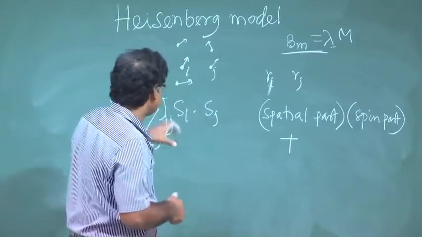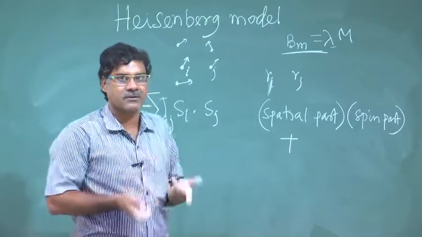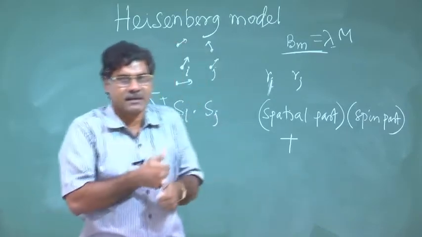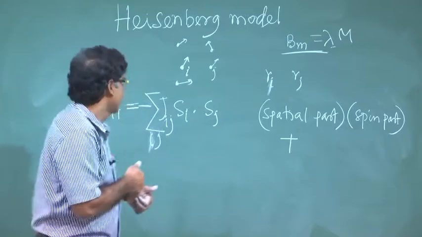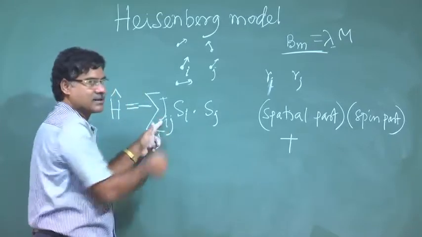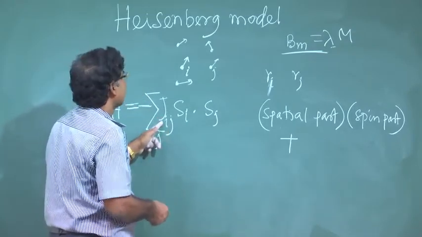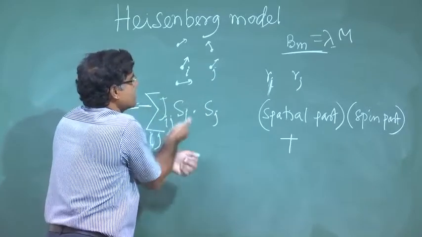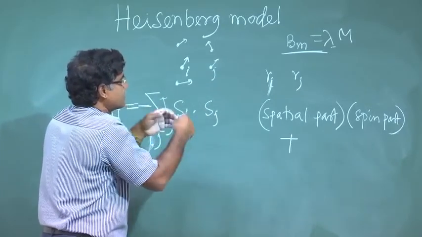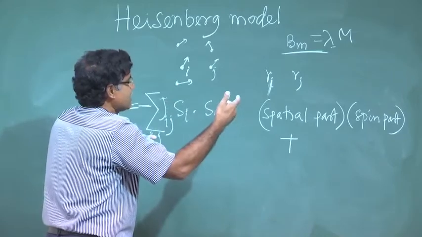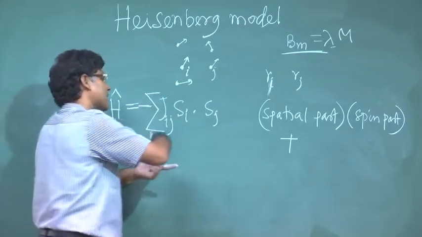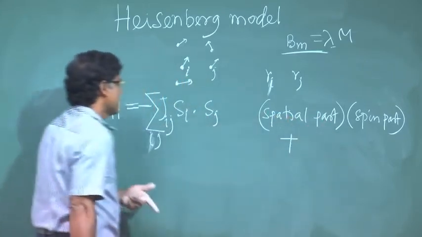So, simultaneously charge is also changing, meaning interacting. That is why it is called exchange interaction. If they exchange, the spin part changes, so simultaneously the spatial part will also change.